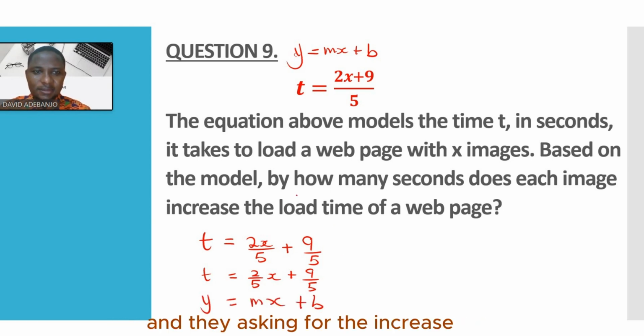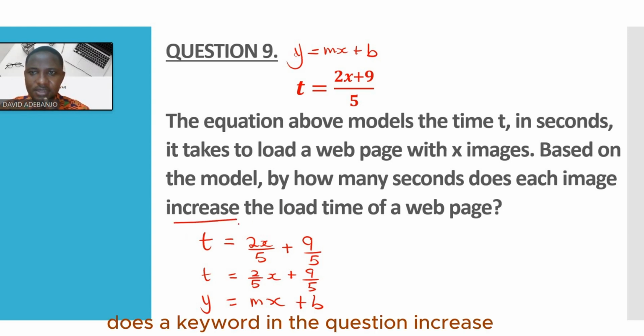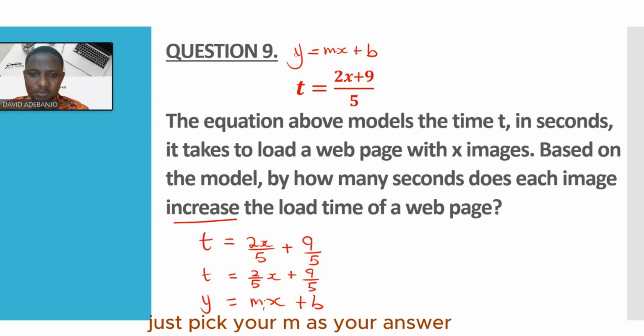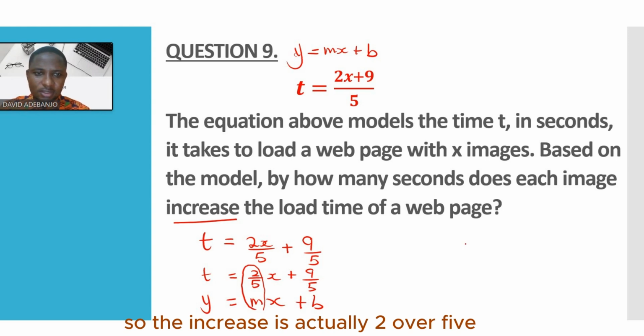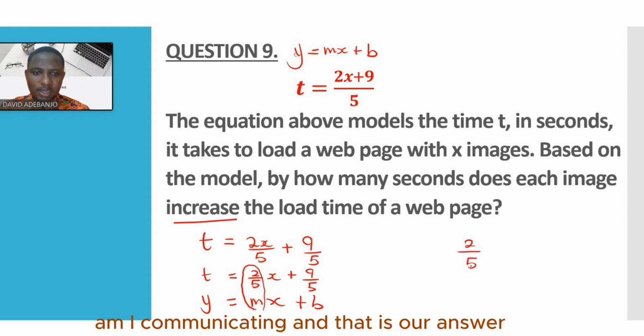They're asking for the increase. That's the keyword in the question. And I told you for increase, just pick your m as your answer. So the increase is actually 2 over 5. Am I communicating? And that is our answer.